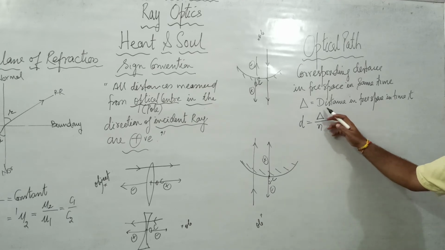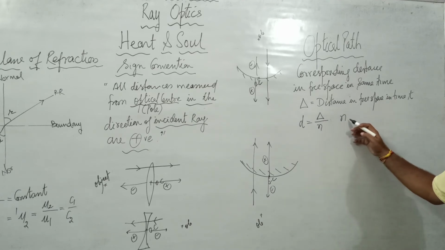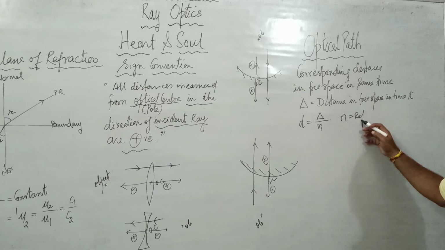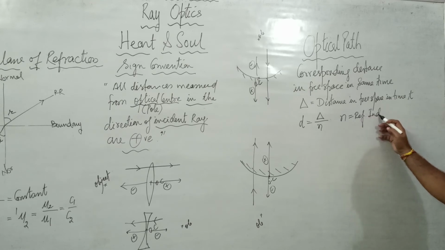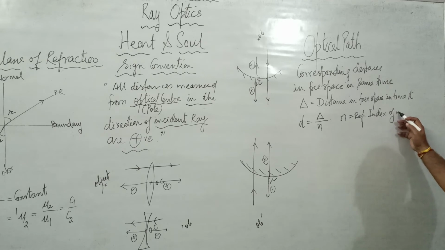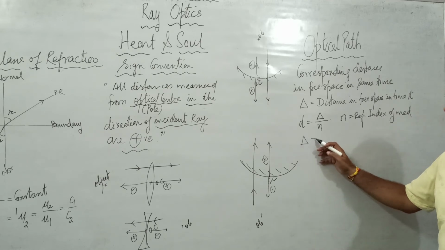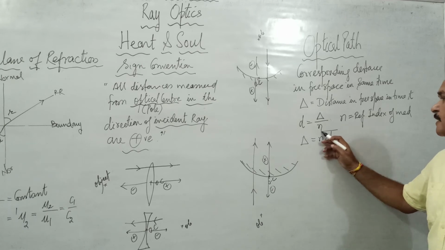What is this delta? Delta, you know. What is n? n is refractive index of medium. Or we can say delta is equal to nd. Delta is equal to nd.